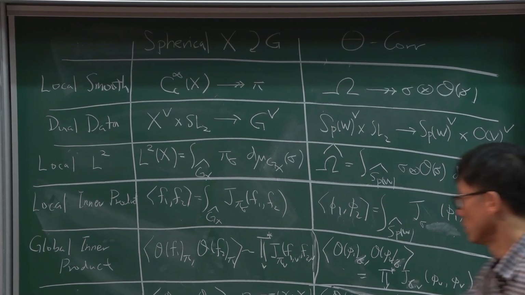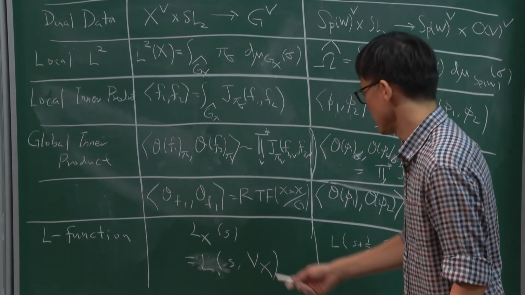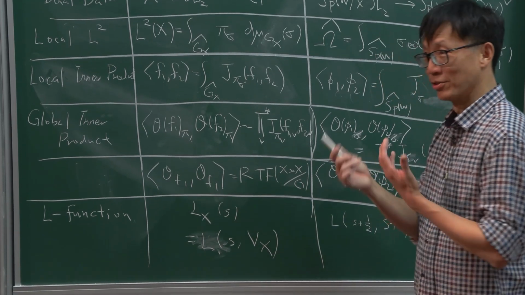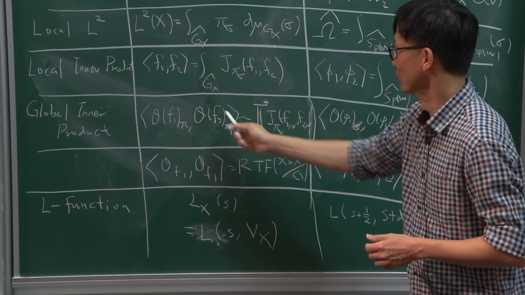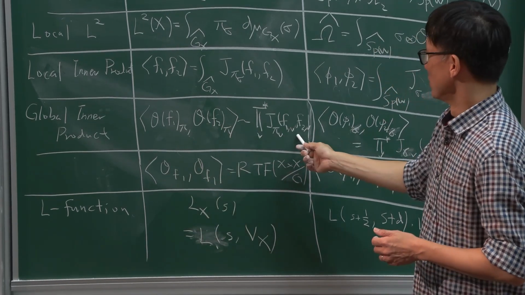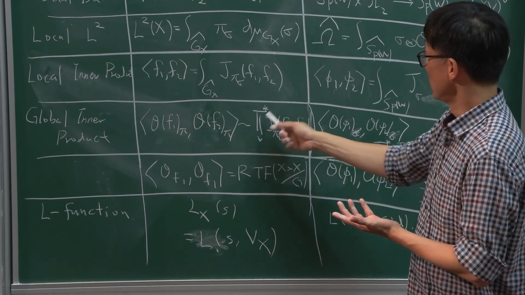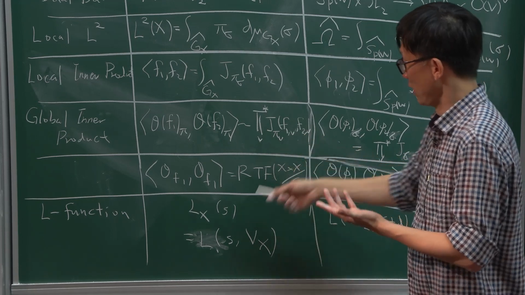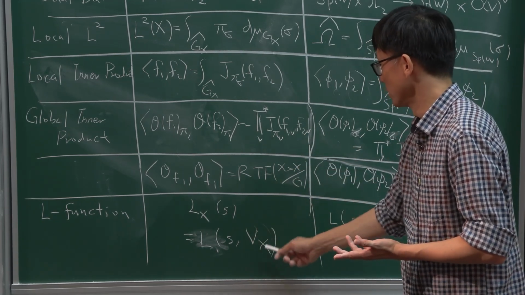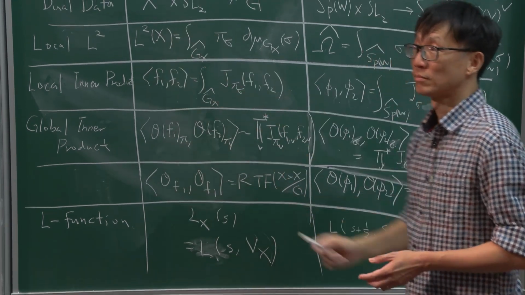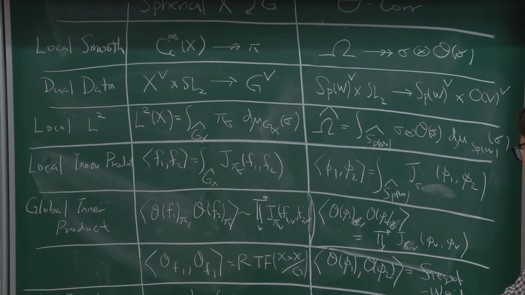In the relative Langlands, there's some L function that controls this inner product, right? Again, this is a regularized product, and it should be an L value. What is the L function? It's some L function attached to a representation of X check. Here, our L function is something like this.